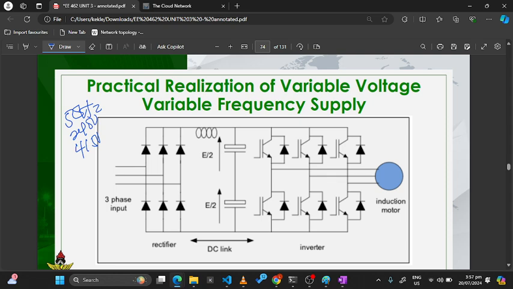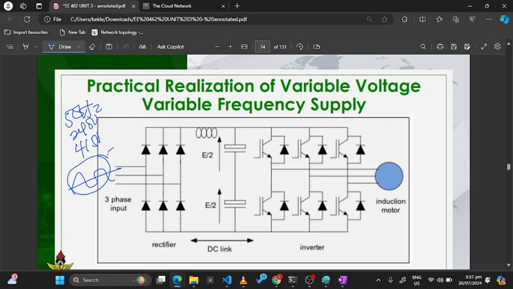There is nothing that can just take the AC signal like this, without changing it to DC, and just change the frequency. No. So what happens is you have an inverter, you have converters, power electronics converters. What they do is they will first of all take this AC and rectify it into DC.